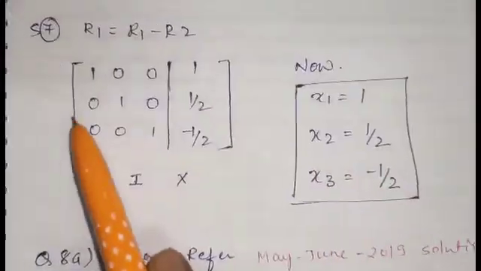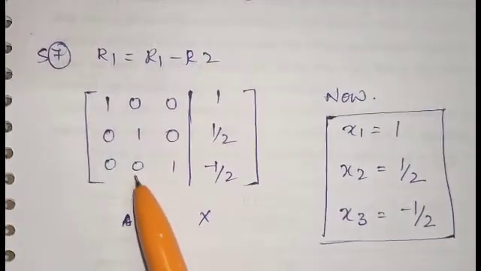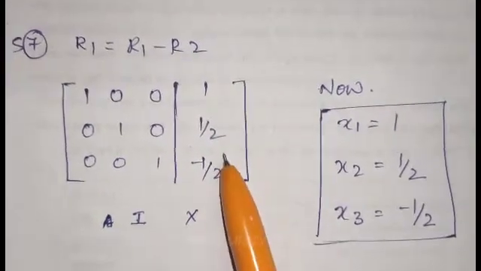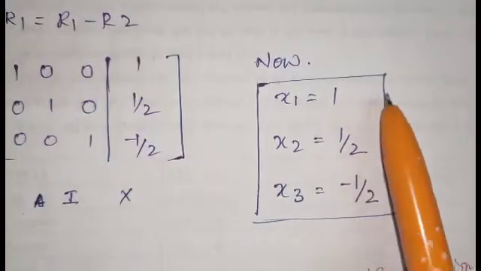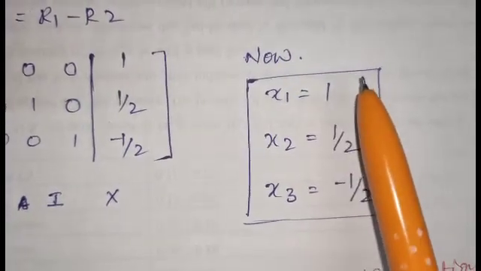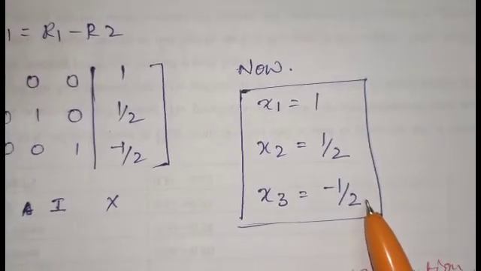When you convert your matrix into a diagonal matrix, then the modified matrix B is directly equivalent to your solution. So for the given equation, the solutions are 1, 1 by 2 and minus 1 by 2.